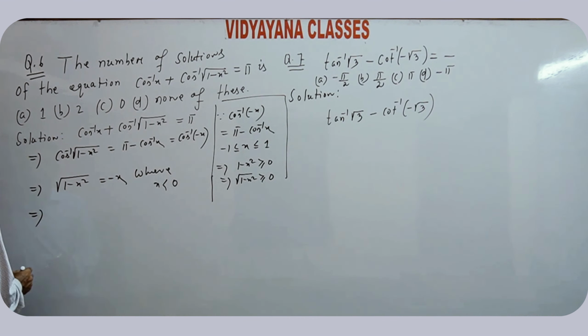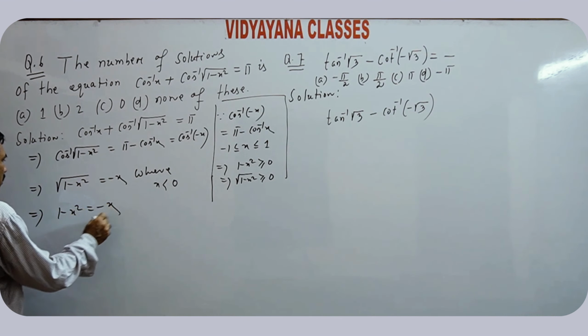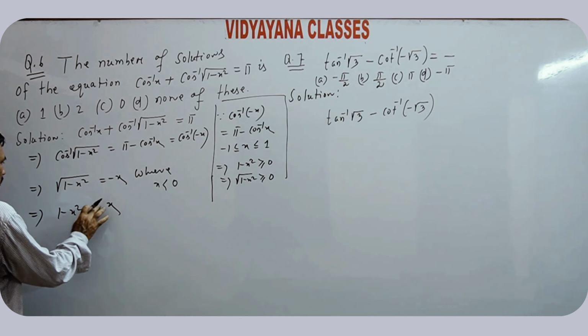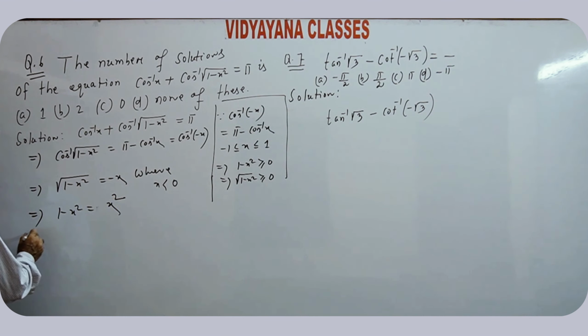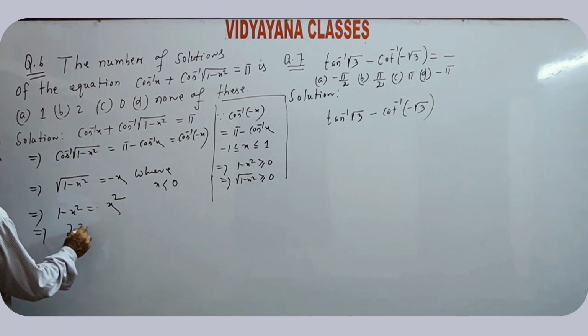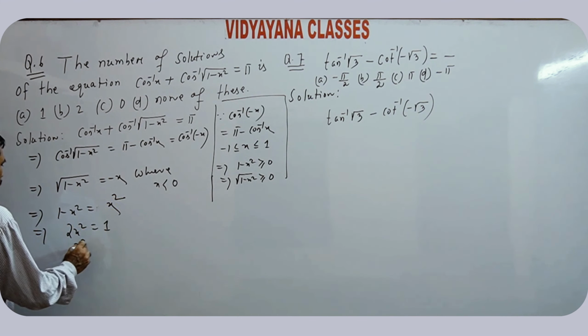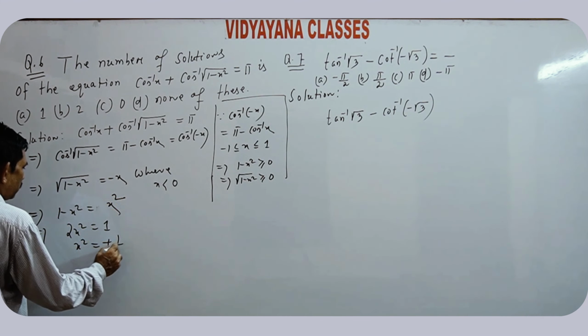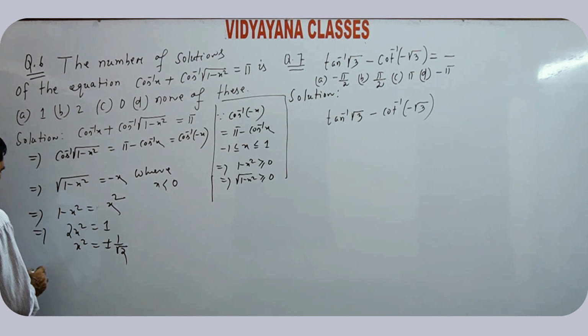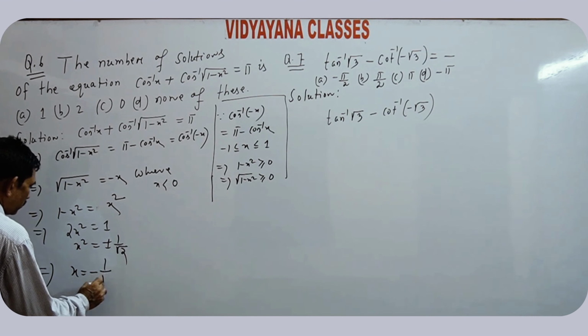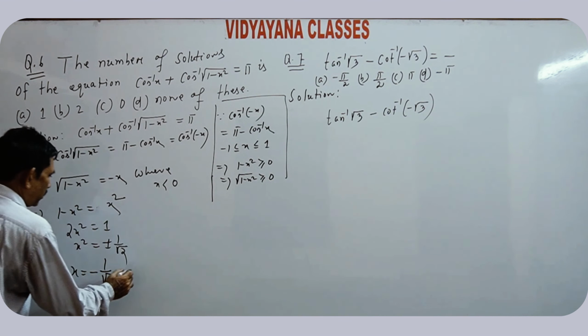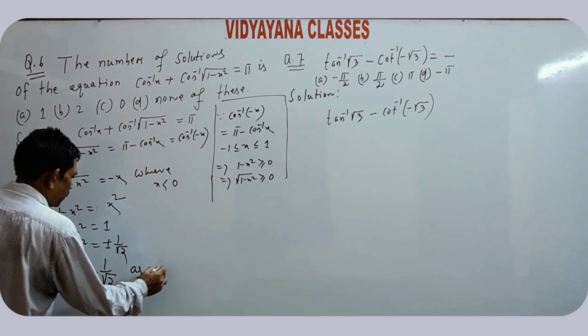Squaring both the sides, 1 minus x square is equal to x square. 2x square is equal to 1. X square is equal to 1 by 2, which implies x is equal to minus 1 by root 2 as x is less than 0.